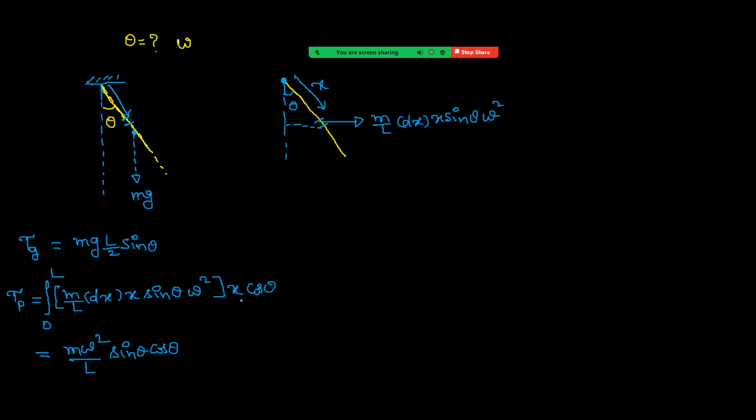Remaining is x square dx, which gives x cube by 3. Now take limits 0 to L, it becomes L cube by 3. So one L cancels, remaining L square. This is the torque due to pseudo force.